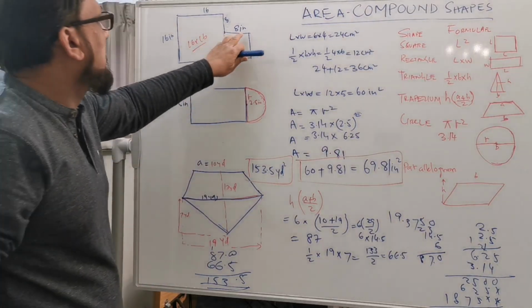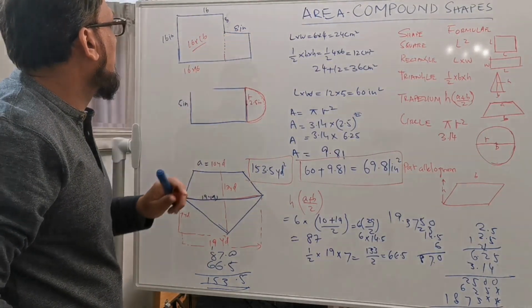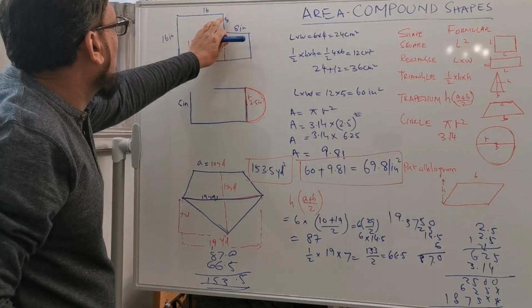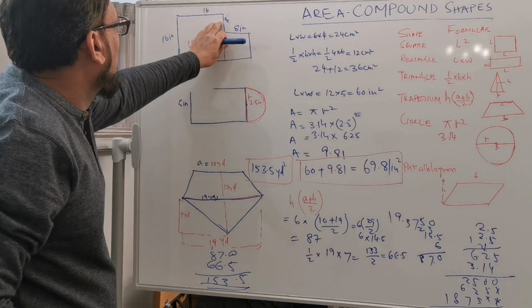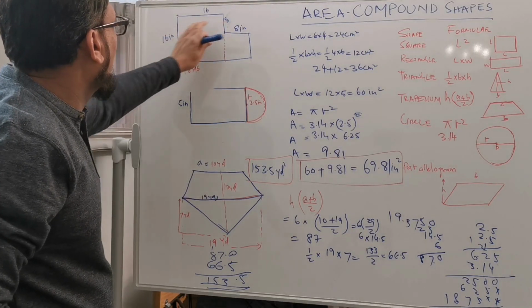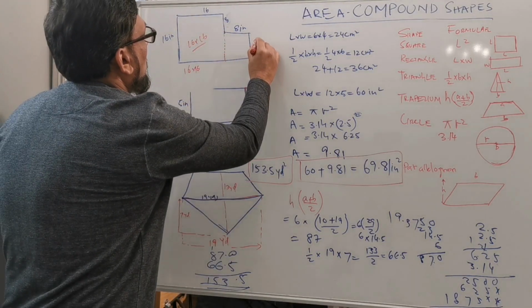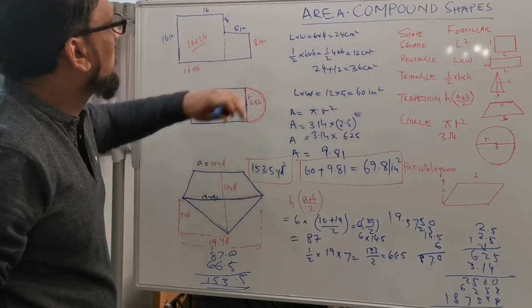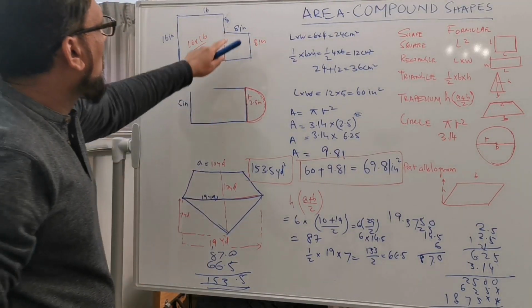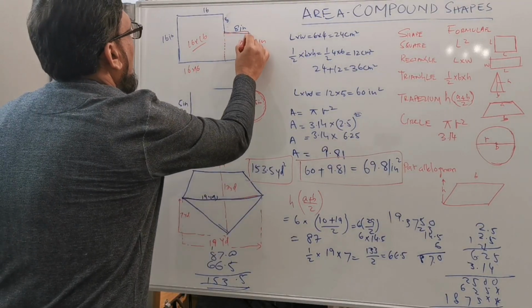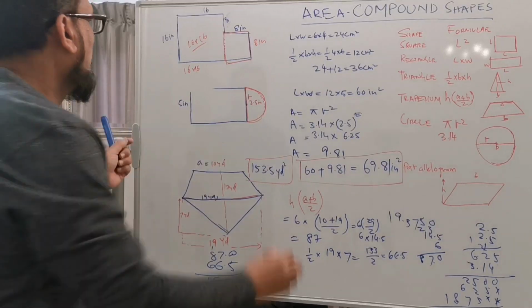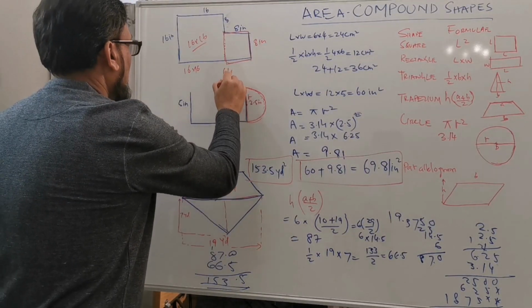And the second one, it says 8 inches, so this one is 8, this one is 8, and 16 take away 8 is 8, so this side is also equal, so this is another square. 8 times 8 is 64.